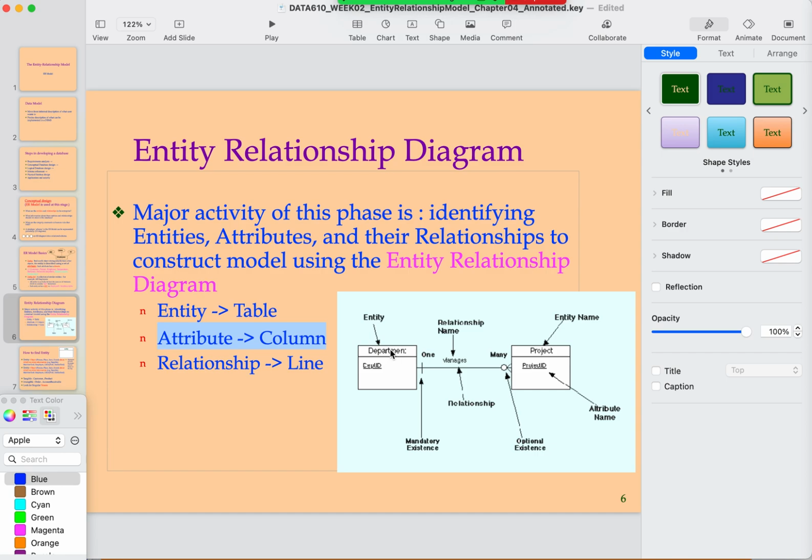That's our entity. And then the relationship is represented as a line or an arrow between the two entities that share this relationship. For example, the employee works in a department.